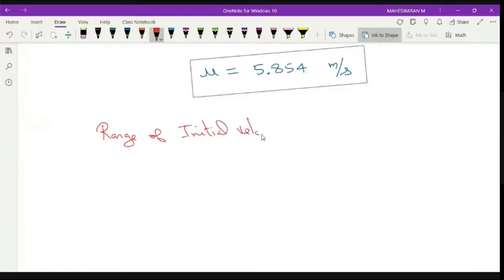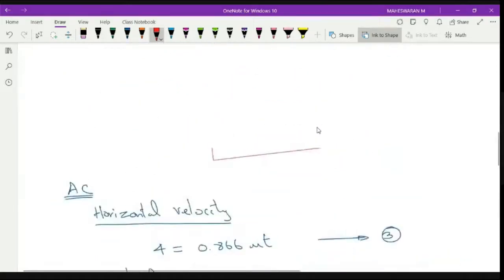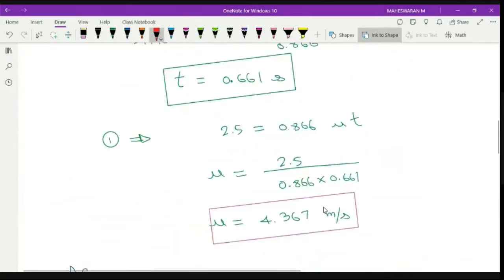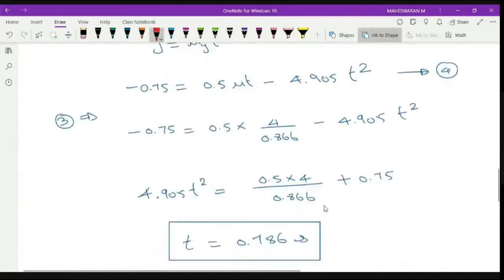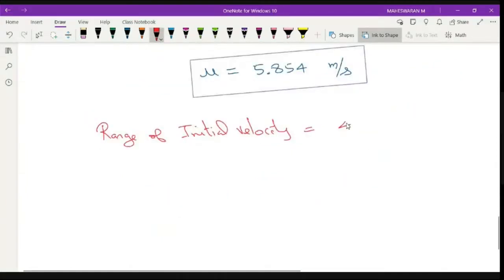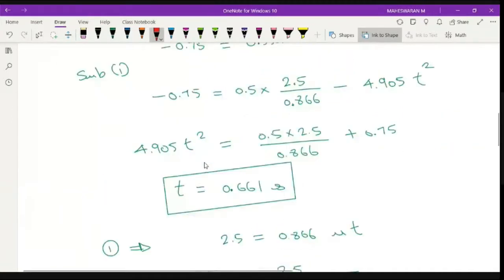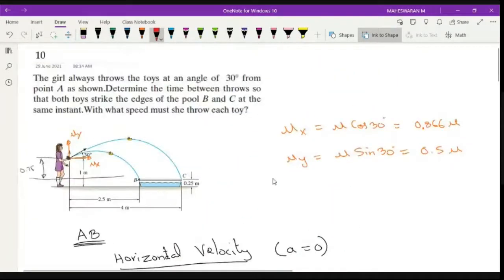The range of initial velocity will be from 4.367 to 5.85 meter per second. In between this velocity, if you throw your doll, it will land inside this pool, or bathtub, whatever it is.